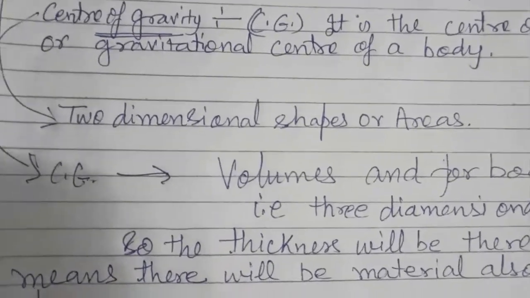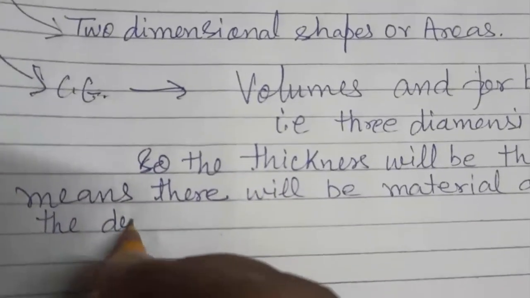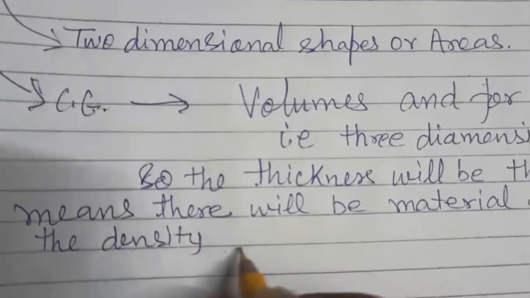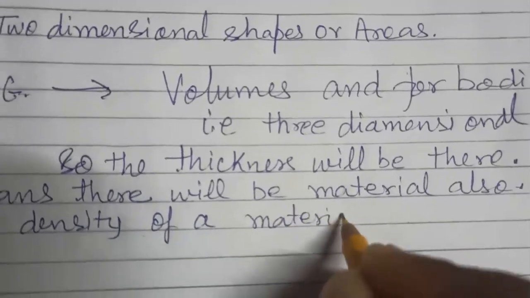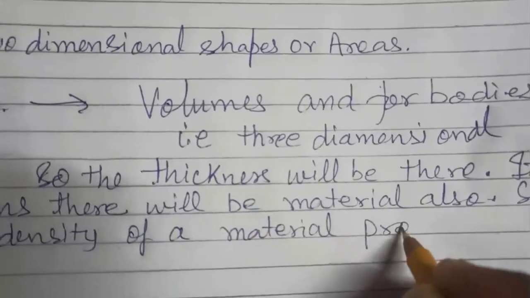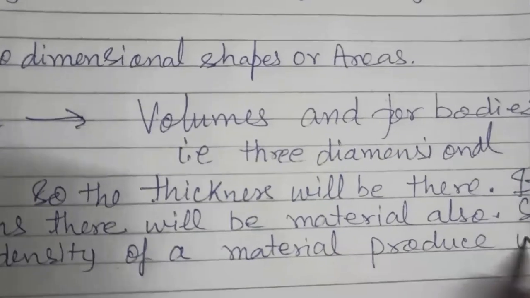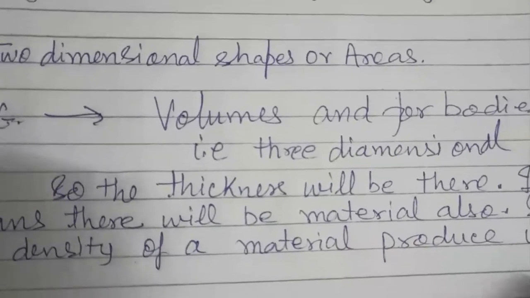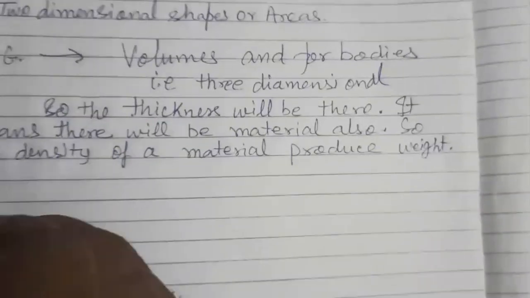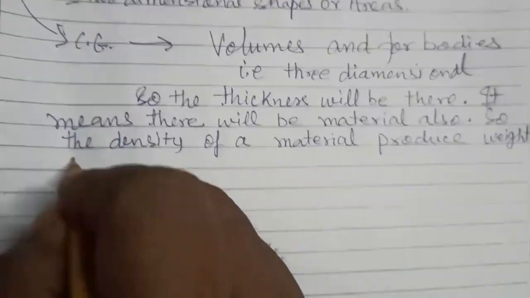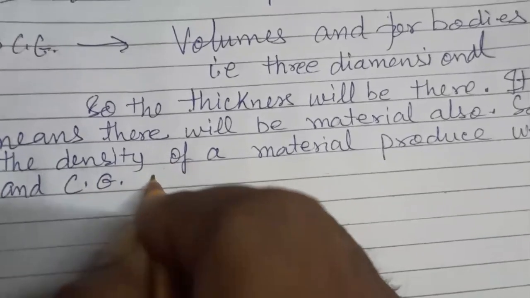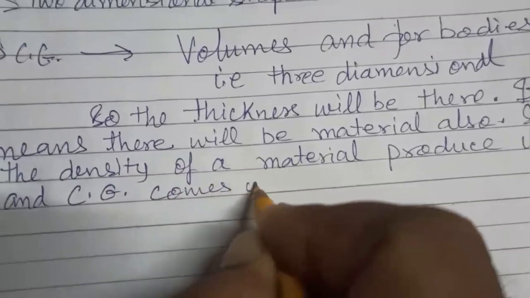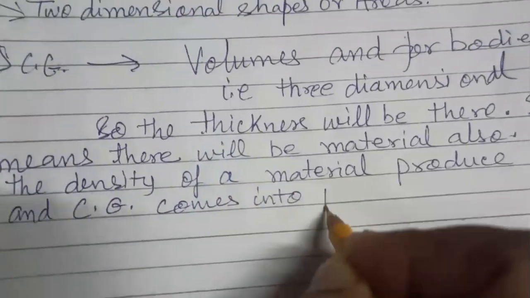So the density of a material produces weight, and center of gravity comes into play.